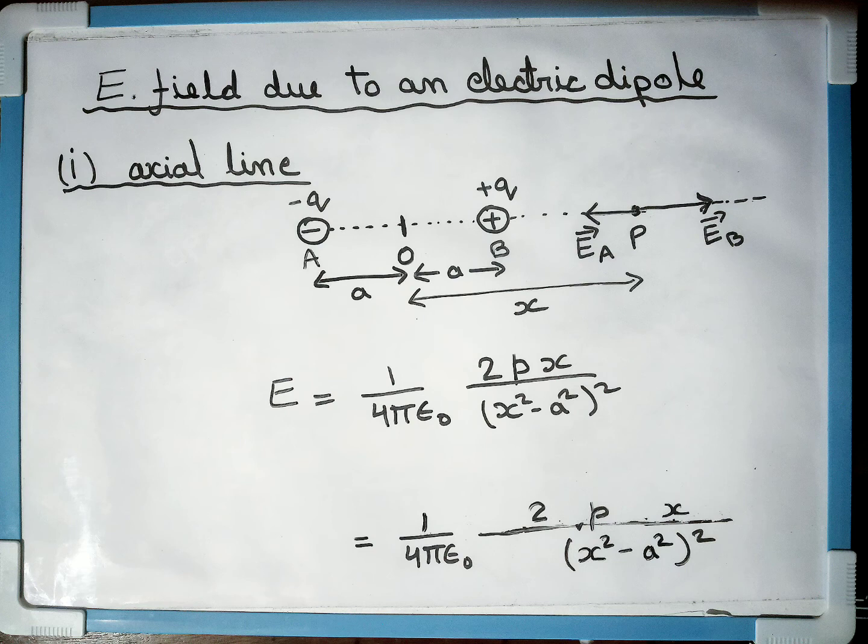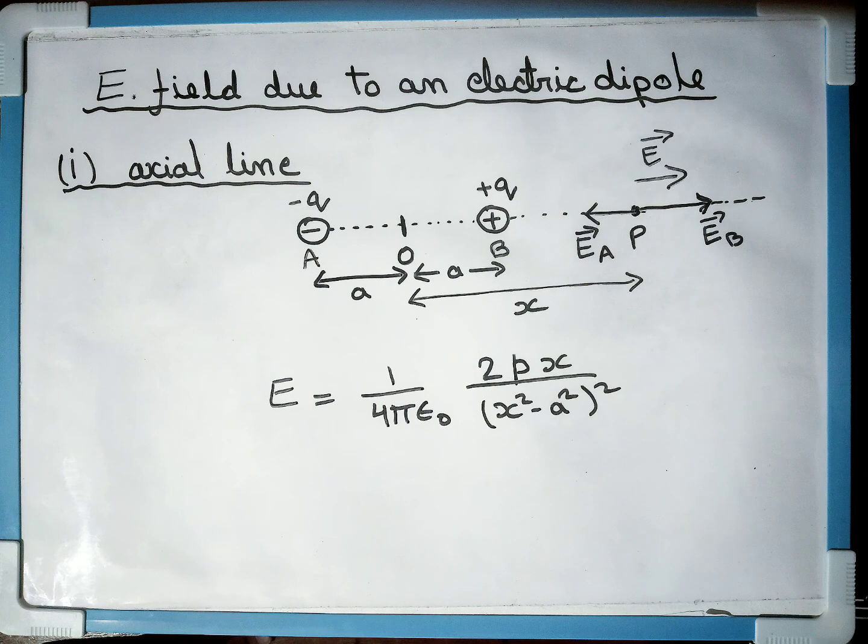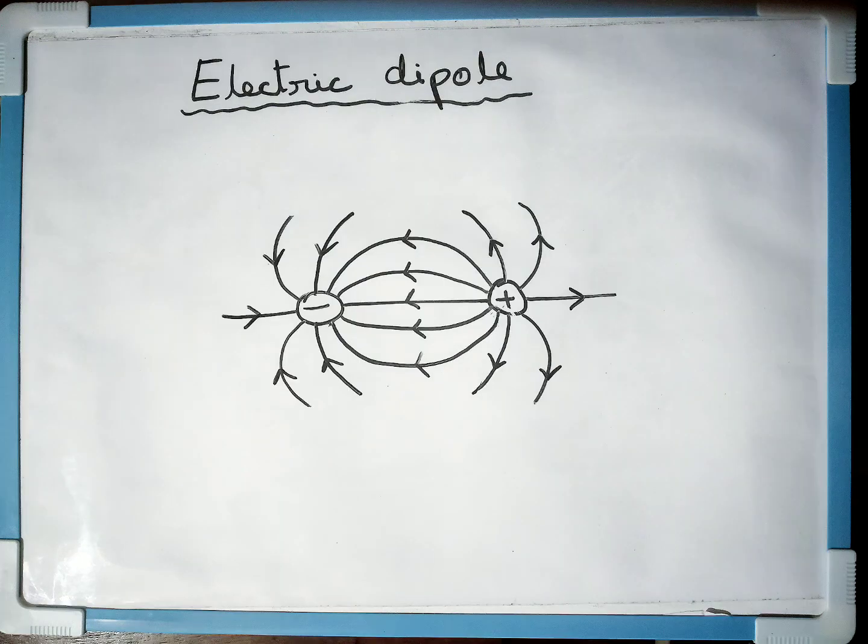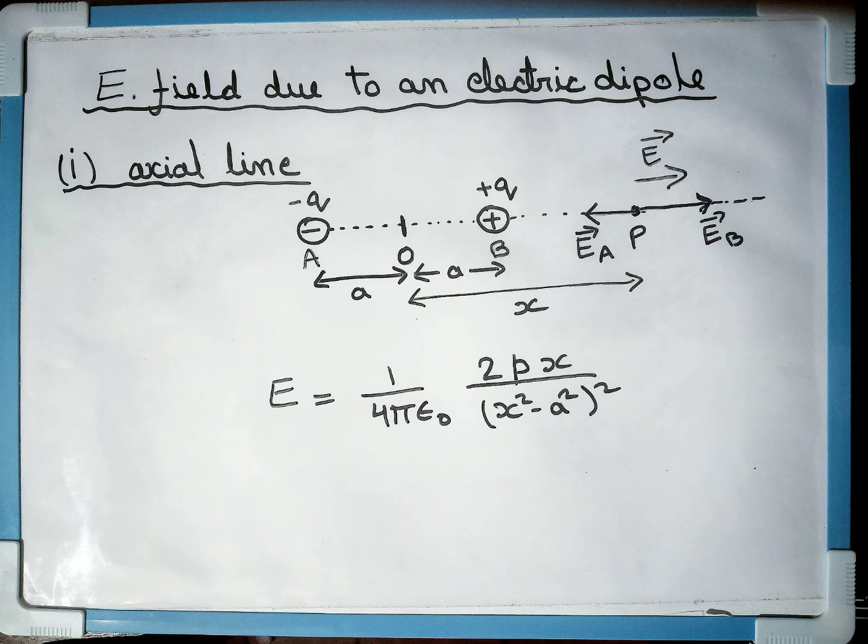Now since electric field is a vector quantity, here your E also must be expressed in vector form, and the direction of this electric field E at point P is away from the positive charge plus Q. If you can see the electric field lines of the electric dipole, it is directed away from positive Q and towards the negative charge minus Q. And to express in vector form, we'll have to express the dipole moment also in vector form.